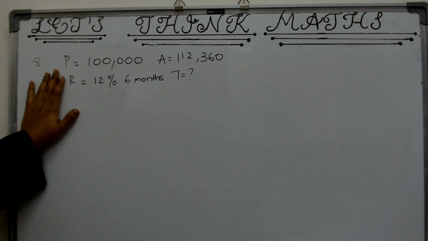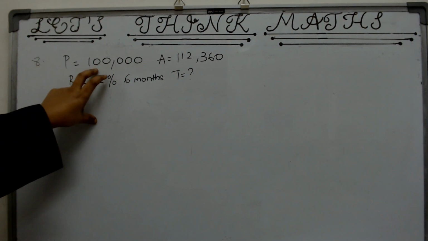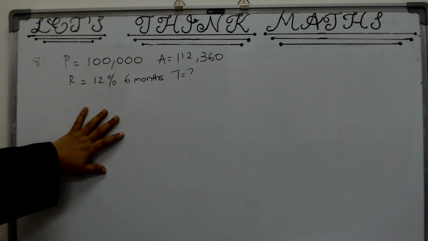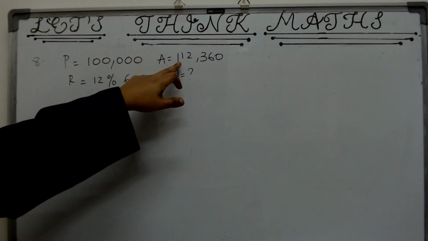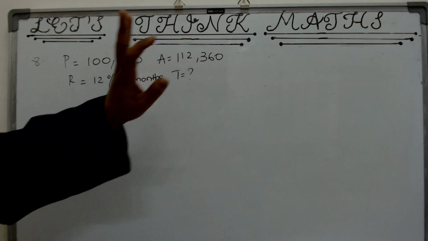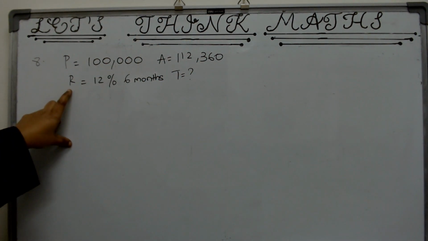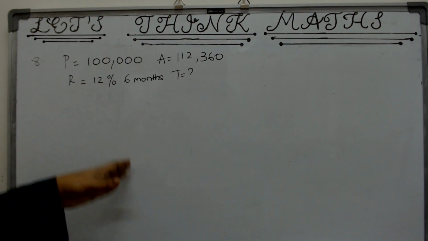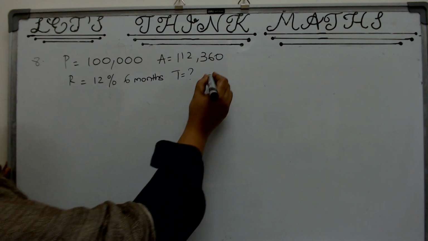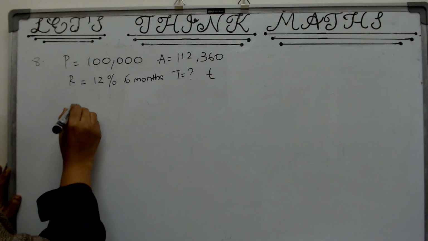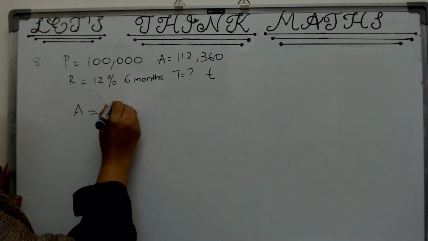So this is our question. The person has taken a loan of 100,000 rupees, and after a certain amount of time it has become 112,360. Now the thing is that it is being calculated for every 6 months. Then what is the time period? So let the time period be, say, T. Then how will your formula for A look like?